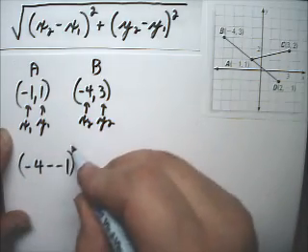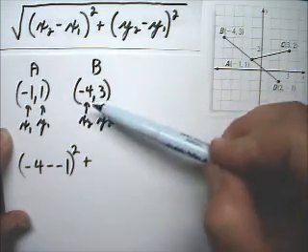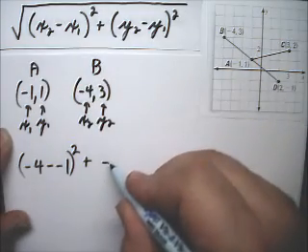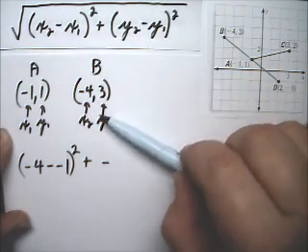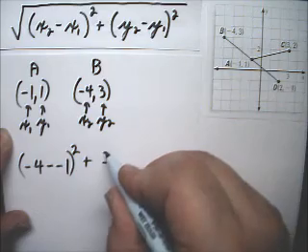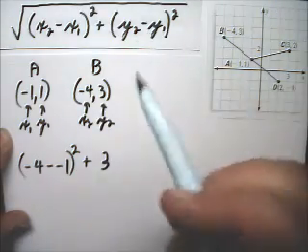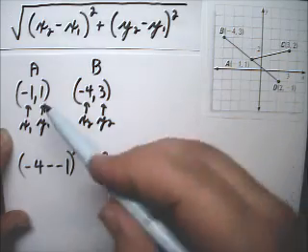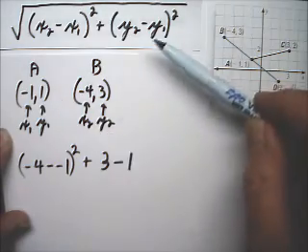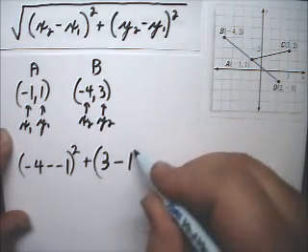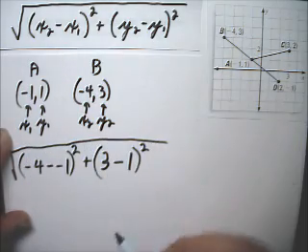All of this squared plus y2, which is 3, minus y1, which is 1. So y2 is the 3, y1 is the 1. It's all of this squared and the square root of all of this.